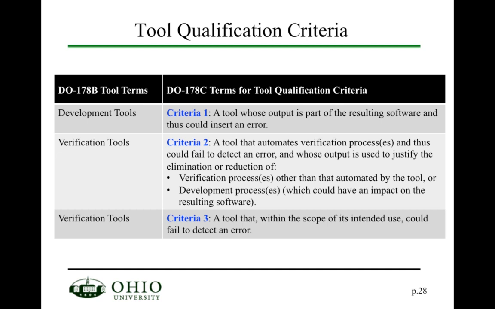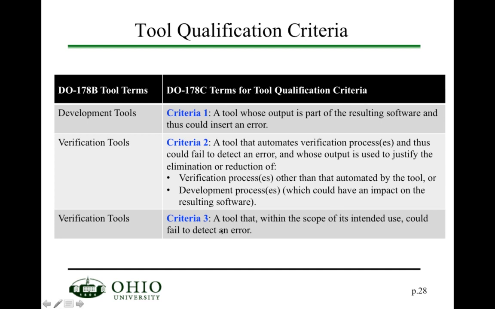In DO-178C, we define 3 criteria. Criteria 1 is a tool whose output is part of the resulting software and thus could insert an error. In other words, that's exactly what we had in DO-178B, which is called a development tool. Criteria 2 is a tool that automates verification processes and thus could fail to detect an error, and whose output is used to justify the elimination or reduction of verification processes other than that automated by the tool, or development processes.